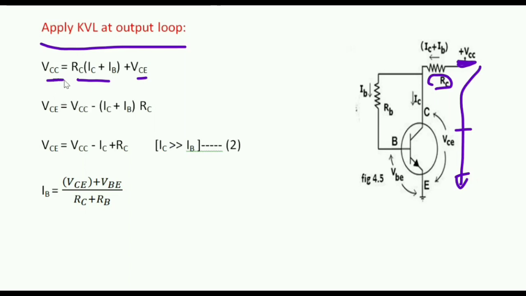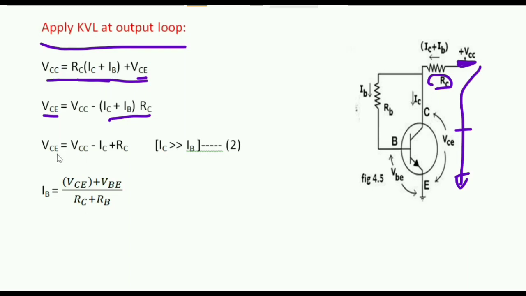This is the complete KVL equation of the output loop of the collector to base bias circuit. If we simplify this, we will get VCE equal to VCC minus IC plus IB into RC. This is the final equation.